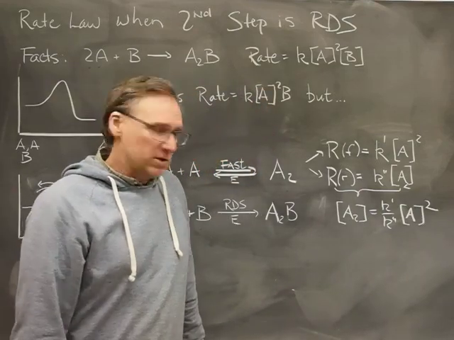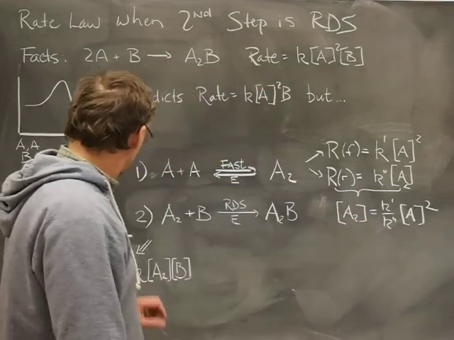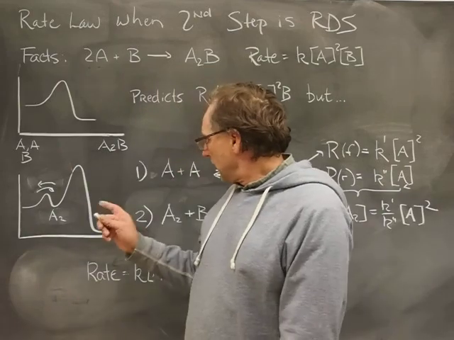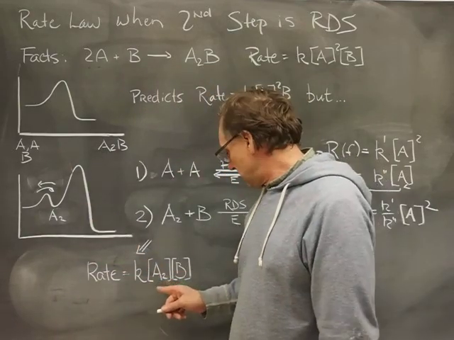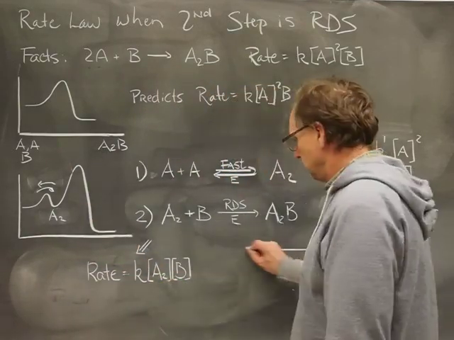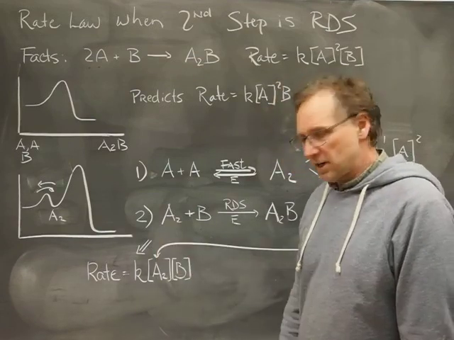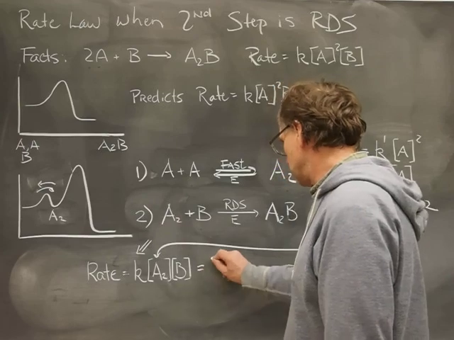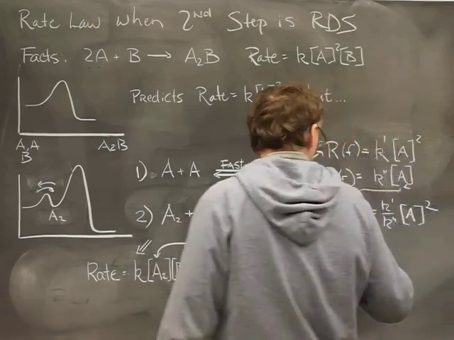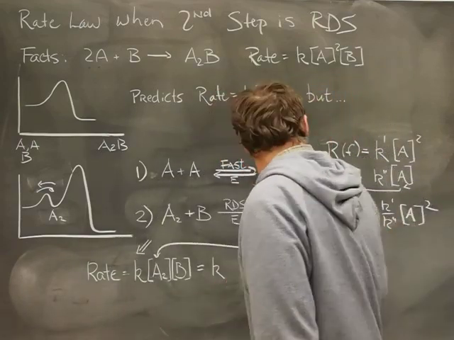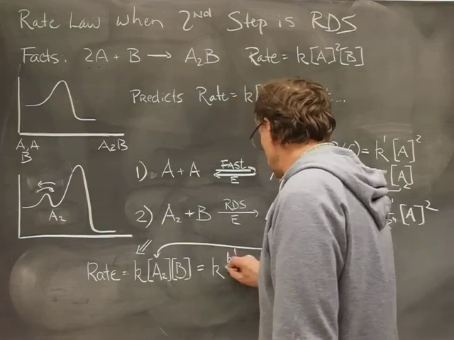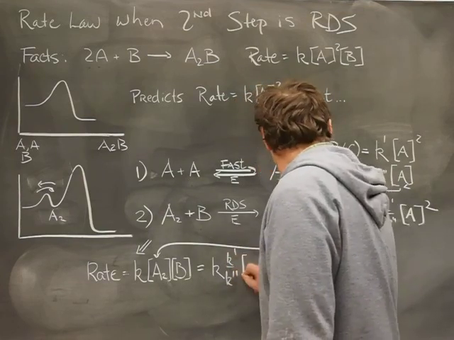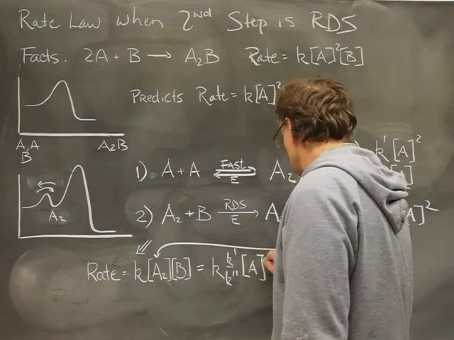Okay. So now we have the concentration of our reaction intermediate, and we can put that right into that expression right there. Let's just see what we get. So the rate law of the rate determining step becomes k. Now for A2, I'm going to use this expression right here. That looks like k prime over k double prime, concentration of A squared.